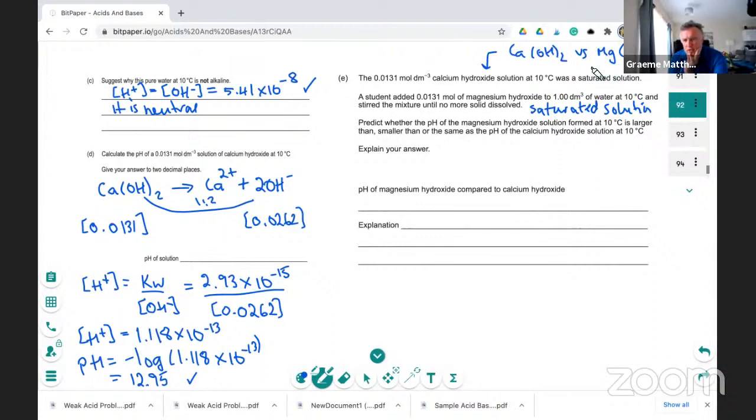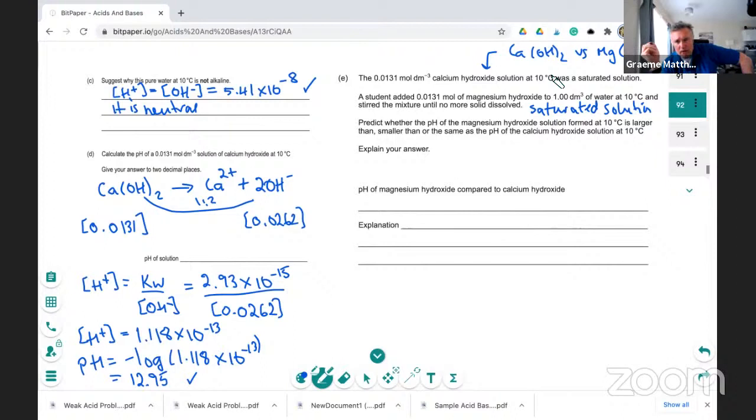Predict whether the pH of the magnesium hydroxide solution formed at 10 degrees C is larger than, smaller than, or the same as the pH of calcium hydroxide at 10 degrees C. They don't give us any more information in part E than in part D. In part D it was 0.0131 moles per decimeter cubed of calcium hydroxide, the same as magnesium hydroxide.